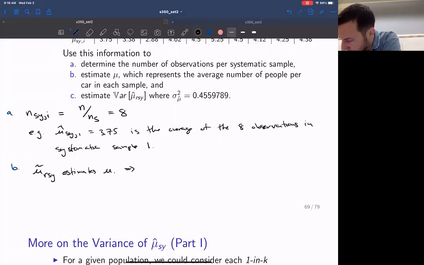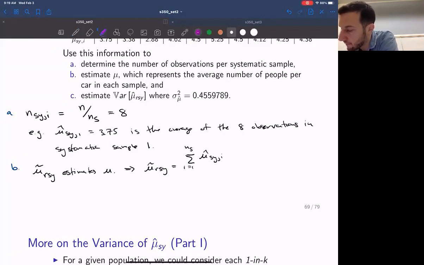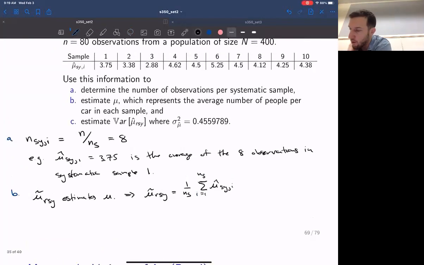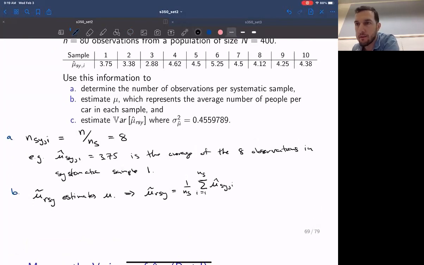Okay, so then we have mu tilde RSY is equal to the sum from i equals 1 to NS, which is going to be 10 in this case, of mu hat systematic sample i, and then this whole thing is going to be over NS. Okay, so effectively all we're doing here is we're adding the 10 means from the table above together, and then we're dividing by the number of samples.